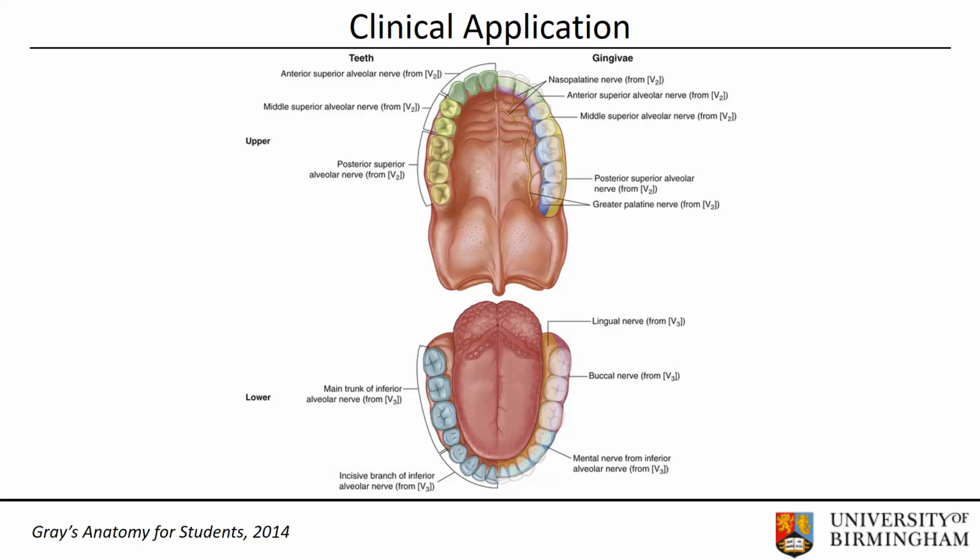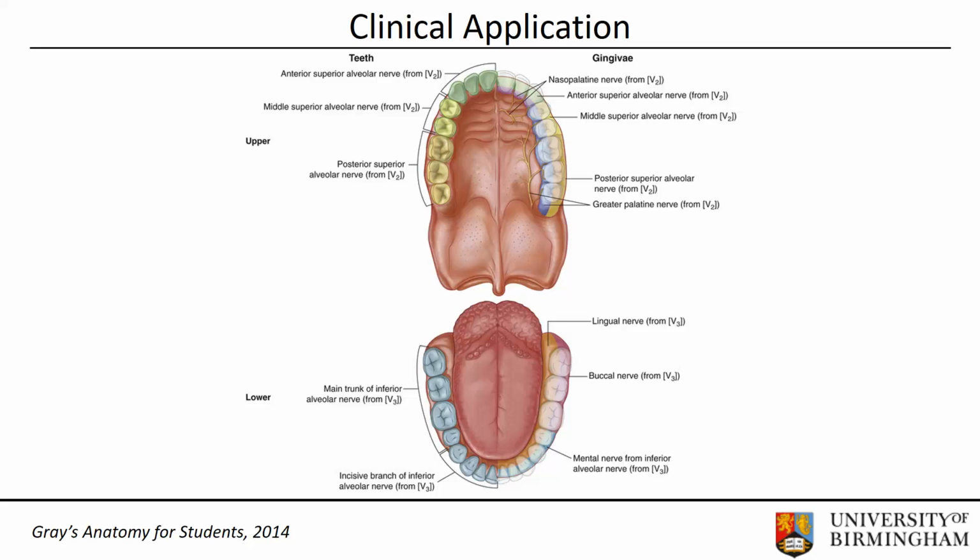It is important to consider that the mandible is composed of two plates of thick cortical bone, the lingual and the buccal plate. So to achieve the anesthesia, we need to inject the solution before the nerve enters the mandibular foramen.